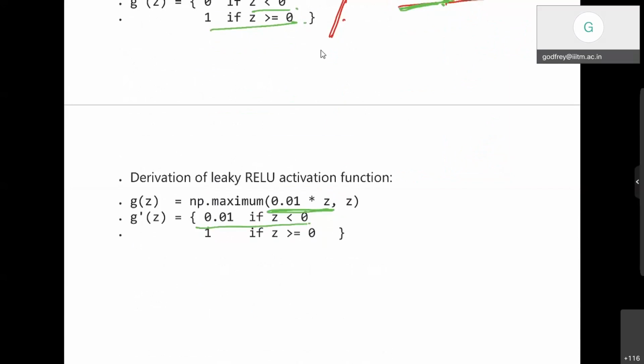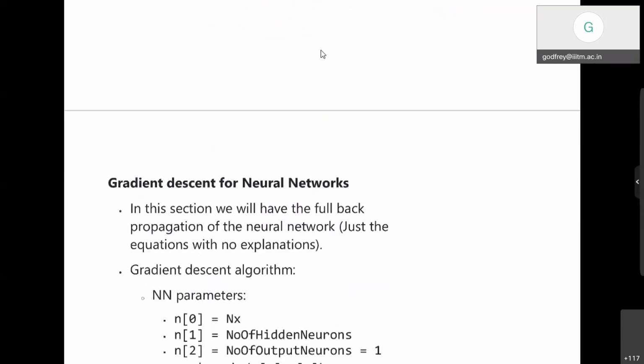So finding the derivative with respect to z, you have the slope as 0.01 if z is less than 0, and 1 if z is greater than or equal to 0. So now we'll move further.